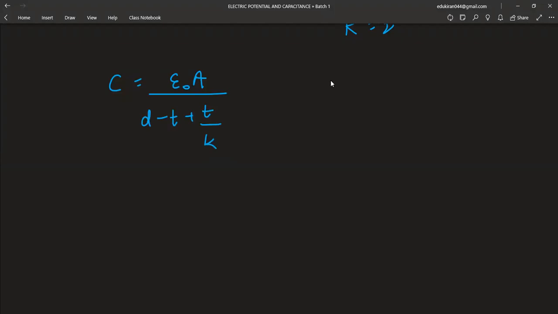So for the first part, capacitance, epsilon naught is 8.85 into 10 to the power minus 12.